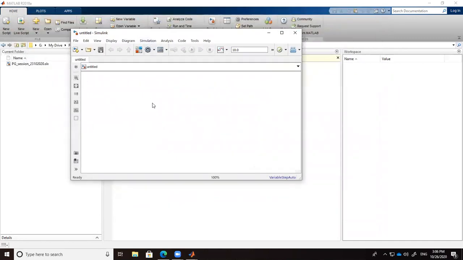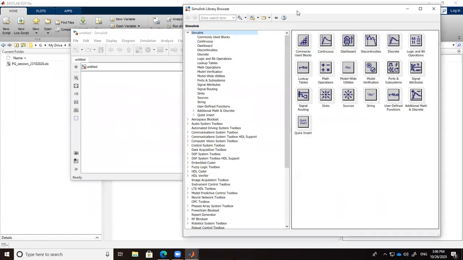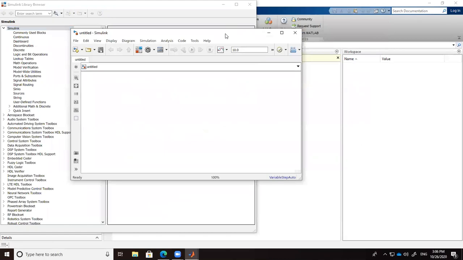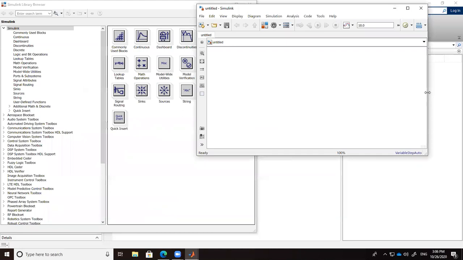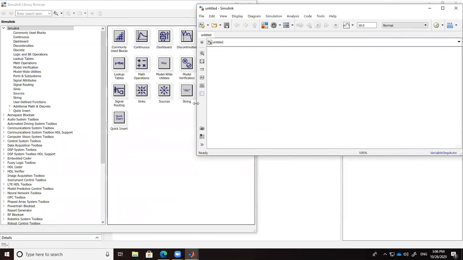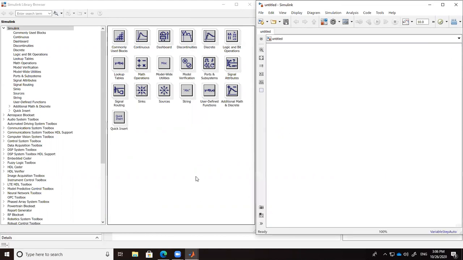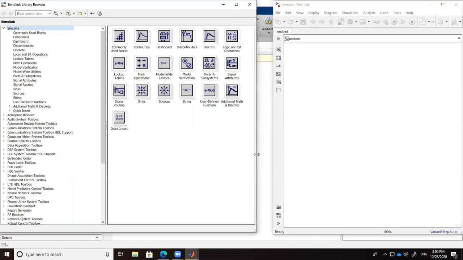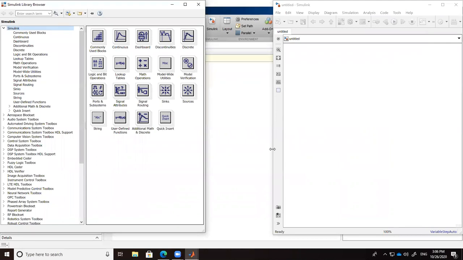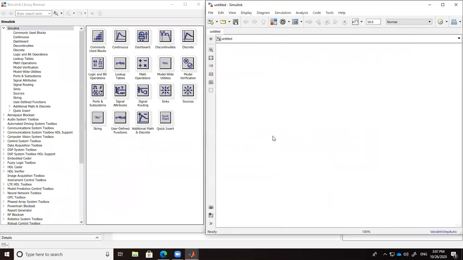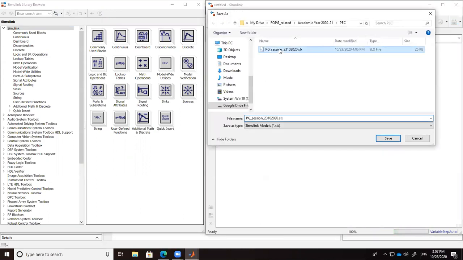Remember, in case of older versions, you will directly see this kind of library browser, right? This kind of library browser will be there in older versions. First thing, you save your file.